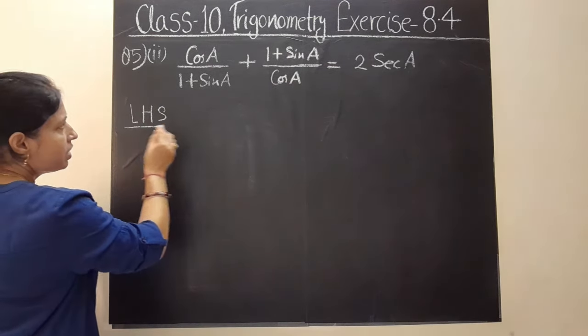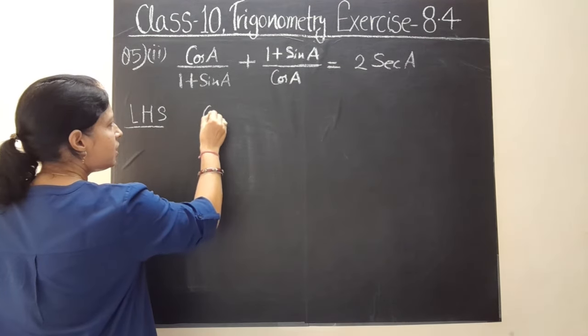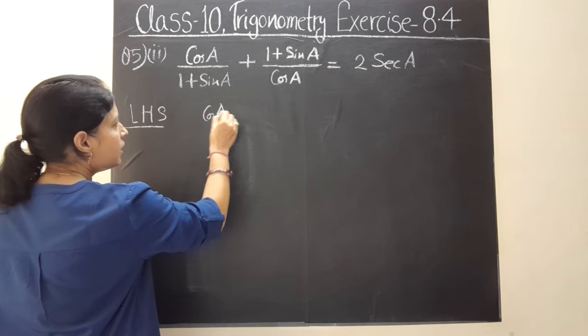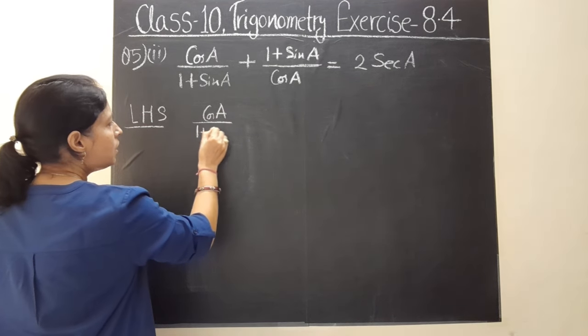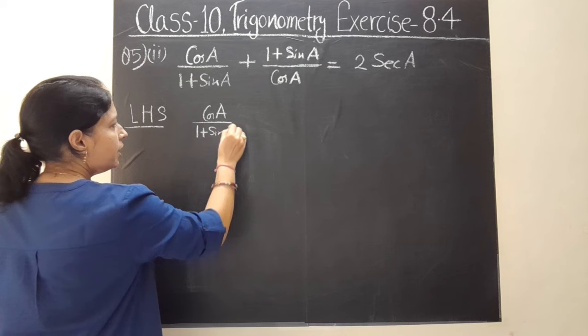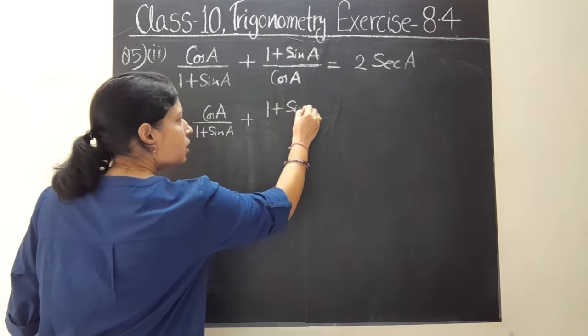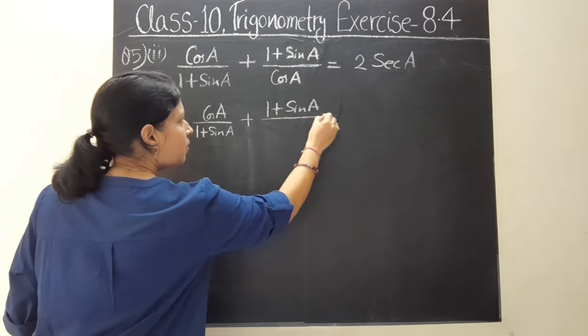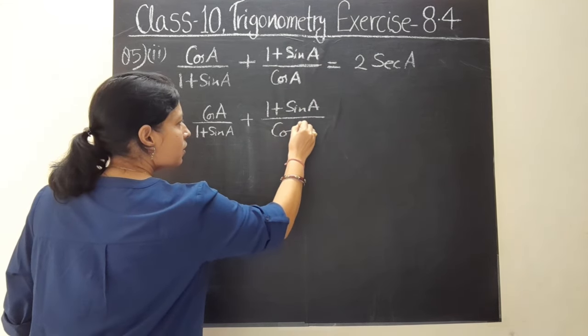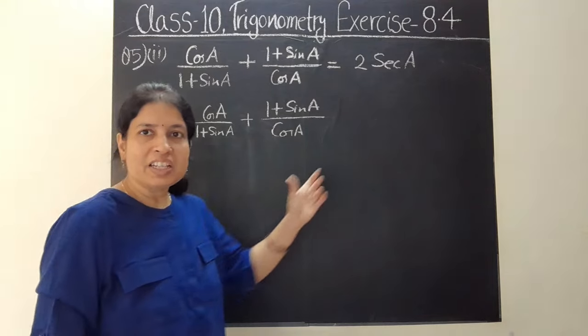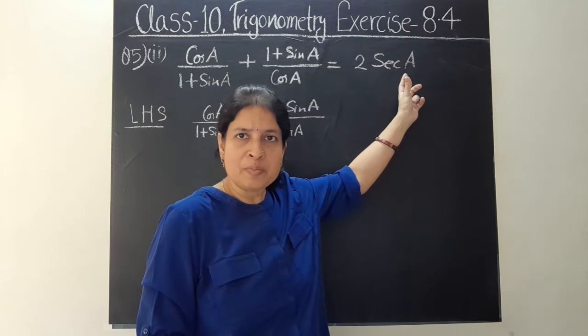LHS is cos A divided by 1 plus sin A plus 1 plus sin A divided by cos A. In what form do we have to bring the RHS? In the form of sec A.